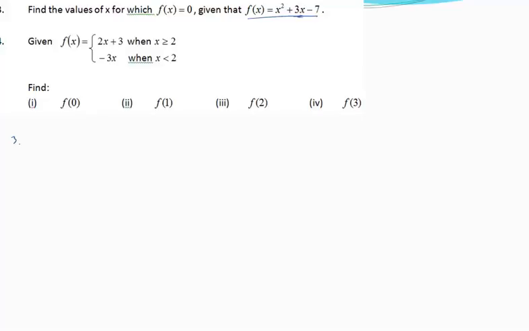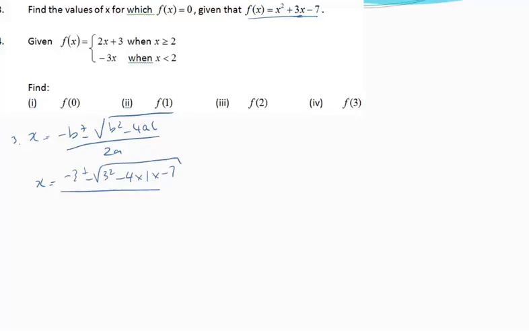So for 3, our quadratic formula: x is equal to -b plus or minus the square root of b squared minus 4ac, divided by 2a. So here x is equal to -(-3)... rather, minus 3 plus or minus the square root of 3 squared minus 4 times 1 times -7, divided by 2 times 1.